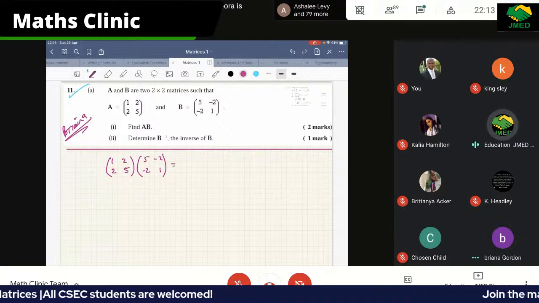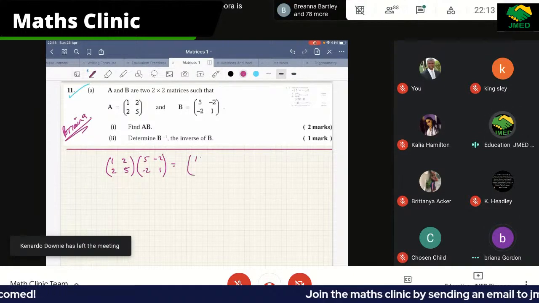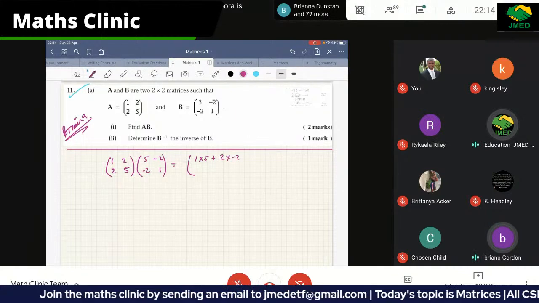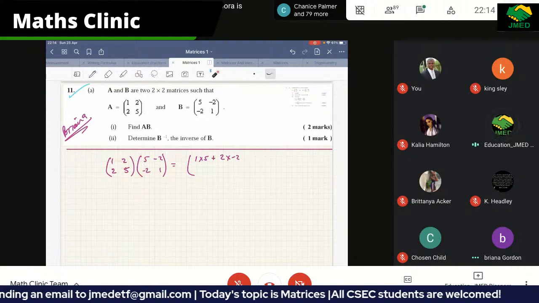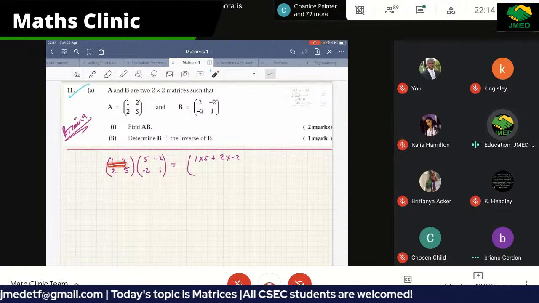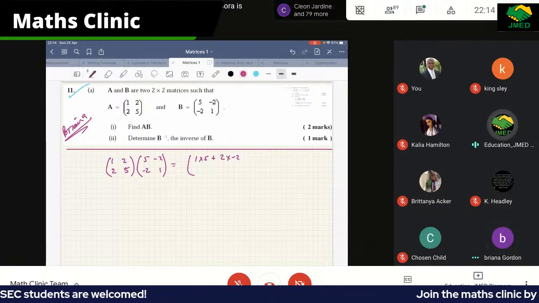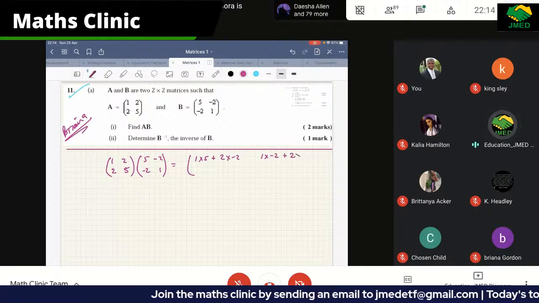So we're doing 1 times 5 plus 2 times negative 2, this row by that column. Then we multiply this row by the next column: 1 times negative 2 plus 2 times 1.